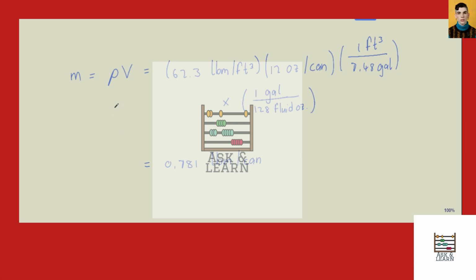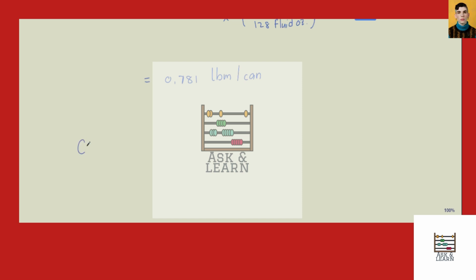So that's the mass of a can of the soda. Now, we can go back to the energy balance equation and show that the amount of heat leaving the can, Q out, remember, is mc times T1 minus T2. So that's this mass of 0.781 pounds per can.